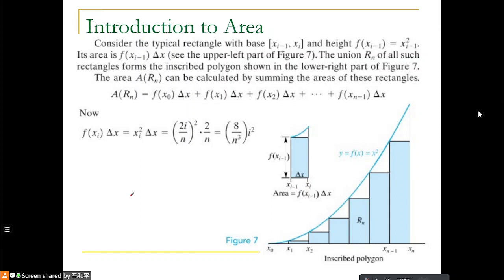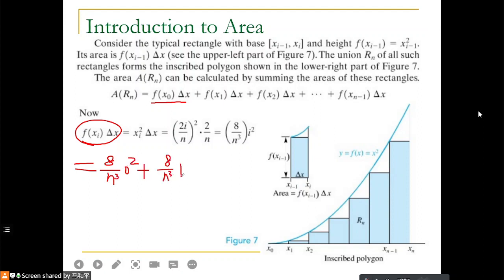Now we have the sum of f(xi) delta x, which is 8 over n cubed times i squared. So we have f(x0) delta x, where i is 0, so it's 8 over n cubed times 0 squared, plus 8 over n cubed times 1 squared, plus 8 over n cubed times 2 squared, plus the last one, where i is n minus 1, so it's 8 over n cubed times (n minus 1) squared.